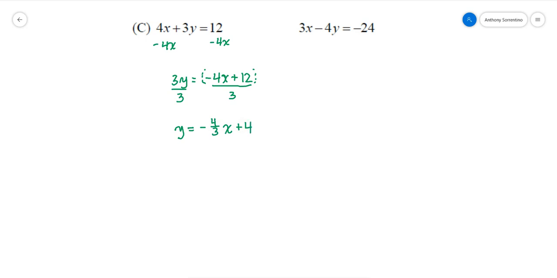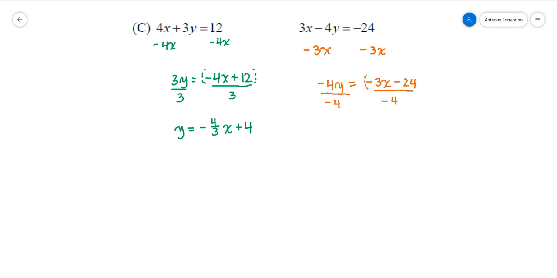And for the other one, I'm going to subtract 3x from both sides. And I get negative 4y equals negative 3x minus 24. I then divide both sides by negative 4.